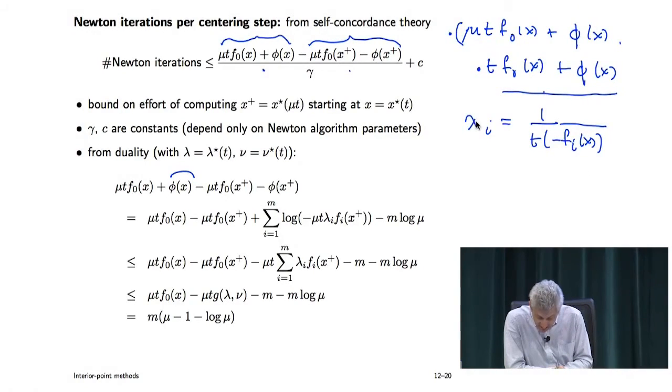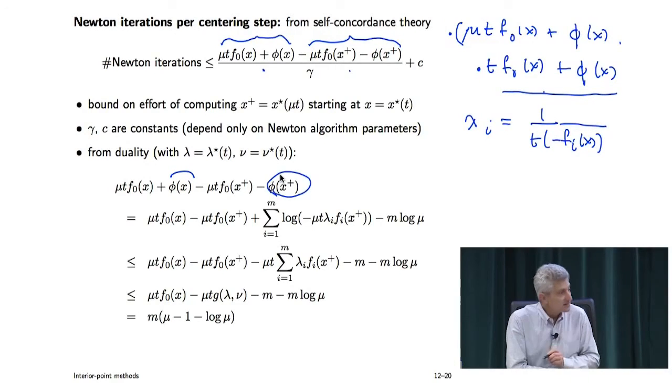Minus fi actually has the form 1 over t_i lambda_i. And if I said it right, the minuses go away, and that's like sum log t_i lambda_i, right? That you shove into this, right?